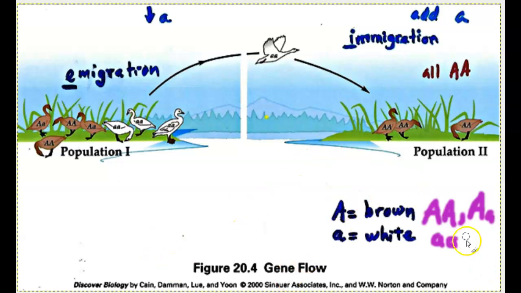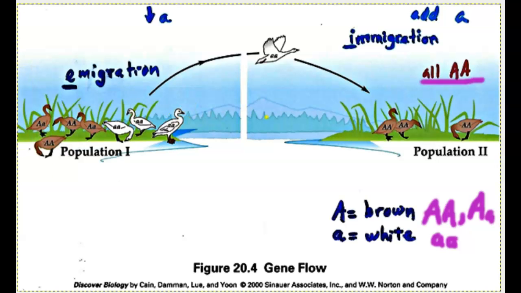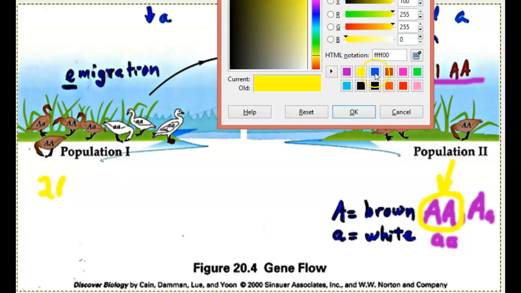So in population 2, all the brown ones are homozygous. All these populations right here, they're all this. Over here, we know the white ones are all two little a's. And their brown ones have two, maybe I'll make it a little bit darker color for that one so you can see it better.